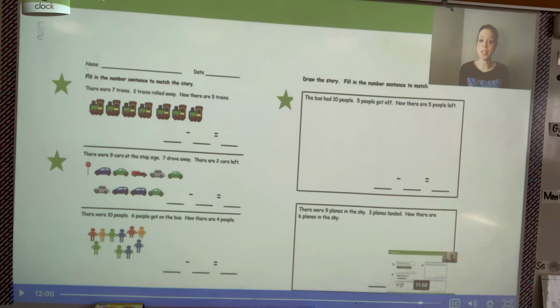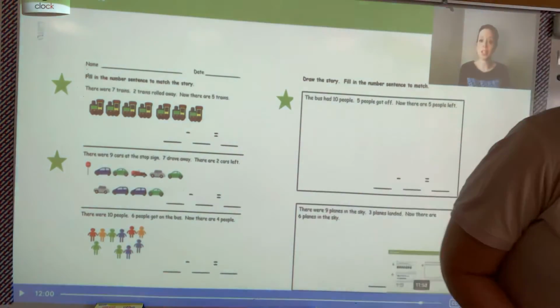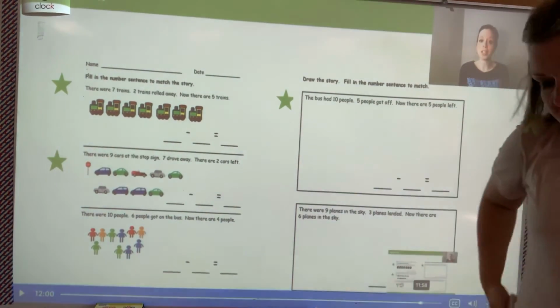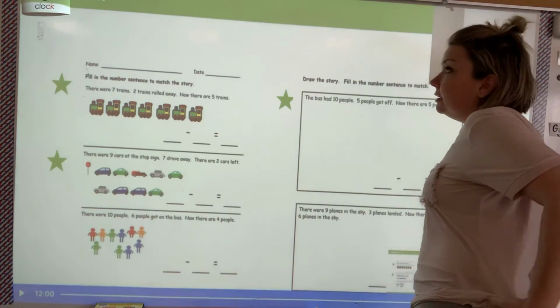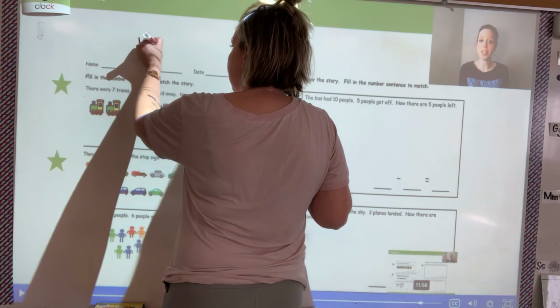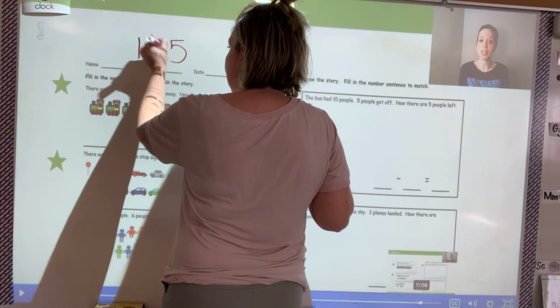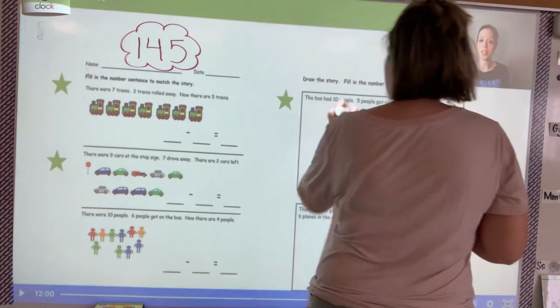Then you can get out your handy dandy math book and turn to page 145. And I'm going to write that on the board. Page 145. It's going to be towards the back of your book. This is page 146.